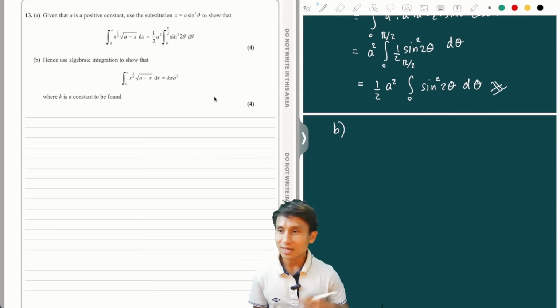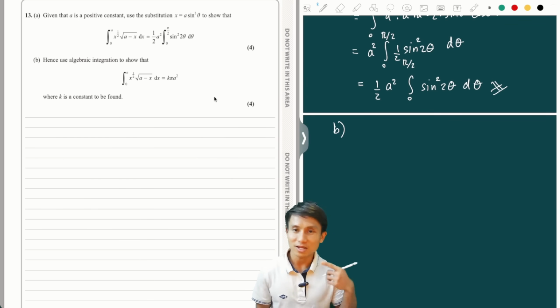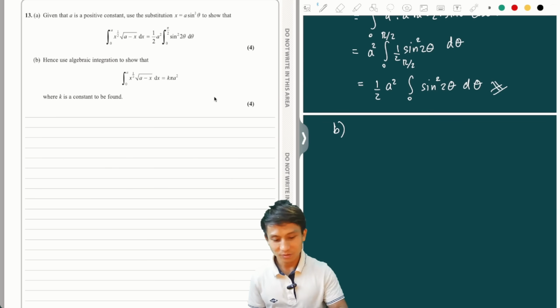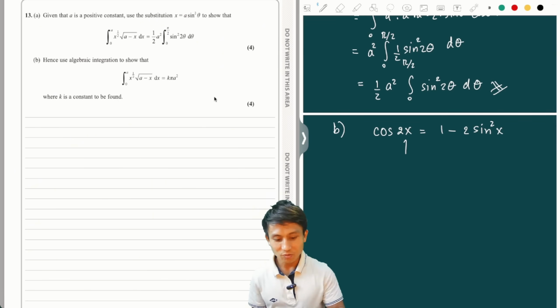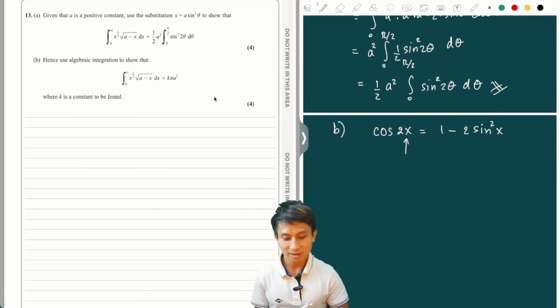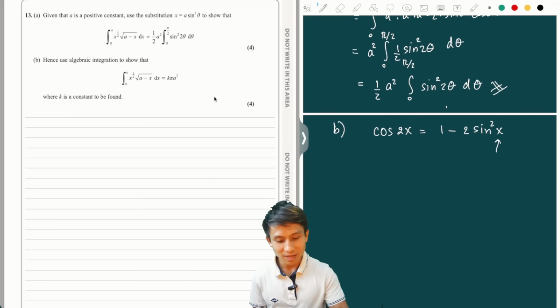Now, again, you need to make use of the double angle formula. Because we know that cos 2x is 1 minus 2 sine squared x, then you can put x to anything. So in this case, if x is 2 theta there, this would be 4 theta.